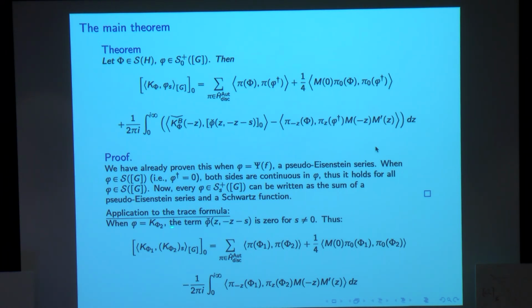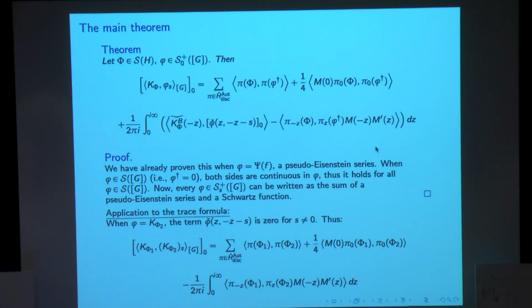And then if you want to apply it to the trace formula, you will see that this term will vanish. Why will this term vanish? For the same reason that we said in the torus case: when you consider the Mellin transform of the constant function, it's 0, except that it has a pole at 0. It's this funny thing that the function is 0, but it has a non-trivial Laurent expansion at 0.